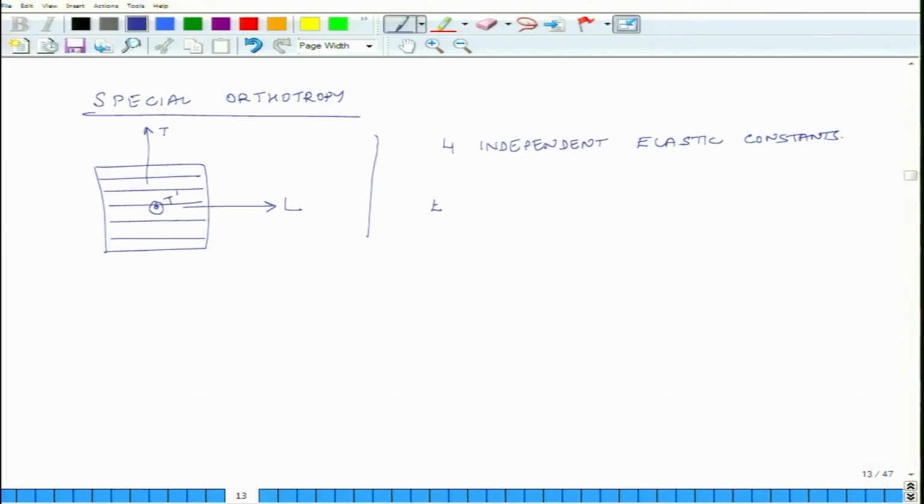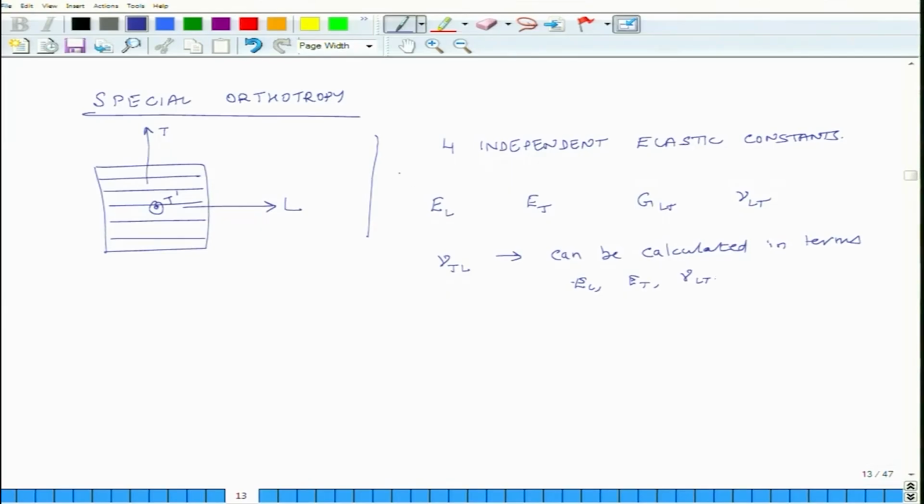So, what are those? Those are EL, ET, and we have learned how to calculate these if we know the material properties, GLT and mu LT, and then mu TL can be calculated in terms of EL, ET and mu LT.